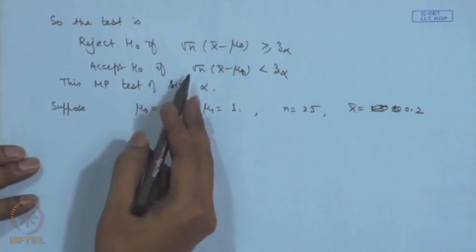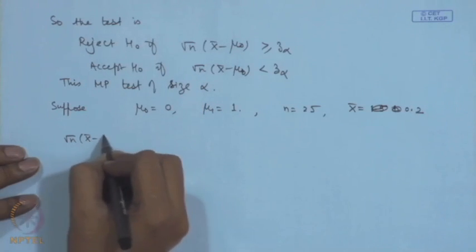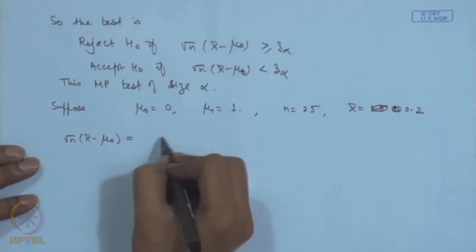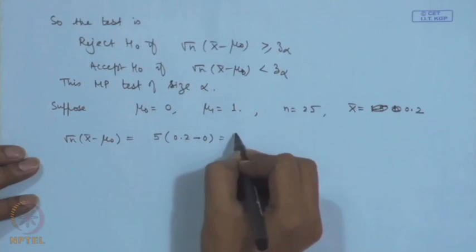In that case, let us calculate this quantity root n x bar minus mu naught, that is equal to 5 into 0.2 minus 0, that is equal to 1.